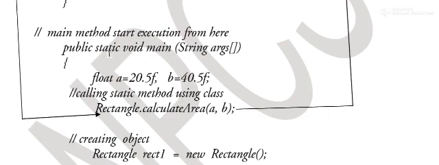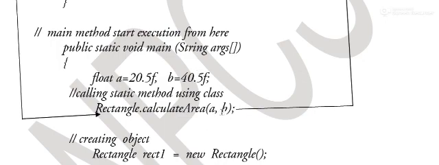Main method: public static void main, float a equals 20.5, b equals 40.5, calling the static method Rectangle.calculateArea. Here Rectangle is the name of our class and calculateArea is the name of the method. a and b are the actual parameters.